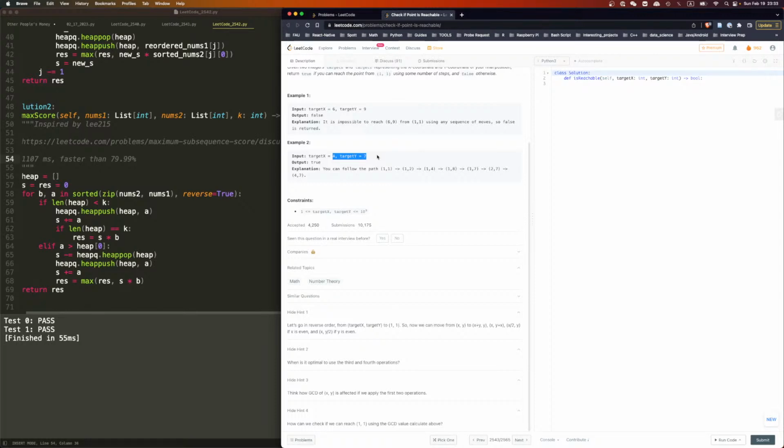Wait, there's gotta be a... I don't know. Yeah, because the sum of all odd numbers is 2 to the n. Yeah, because if you have any even numbers, I can always reduce them to an odd number, right?